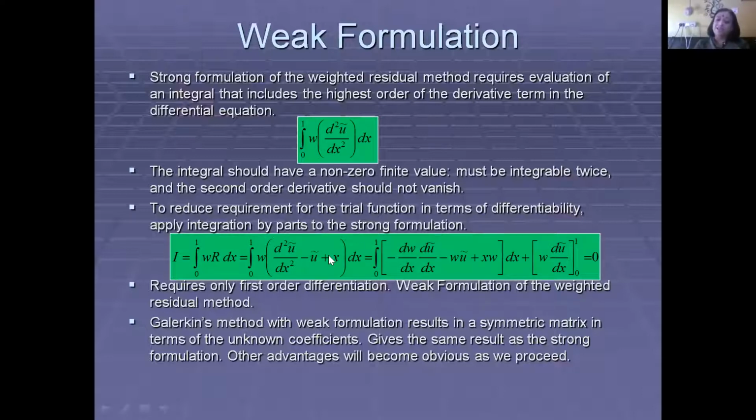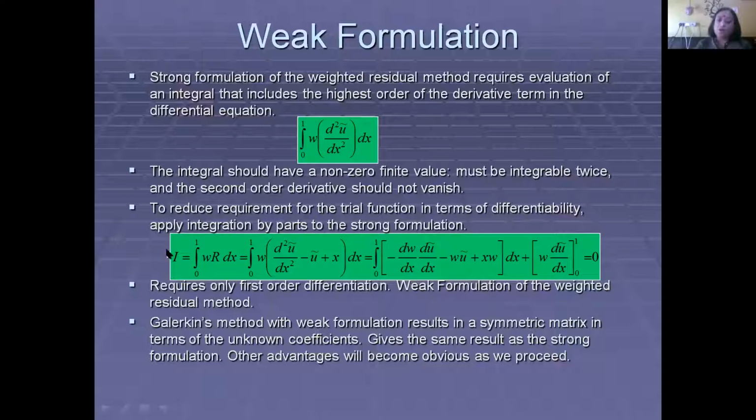So instead of having to evaluate d2u dx squared, this can be reduced to dw dx du dx, which means u now needs to be differentiable only once. And of course, w has to be differentiable with respect to x.